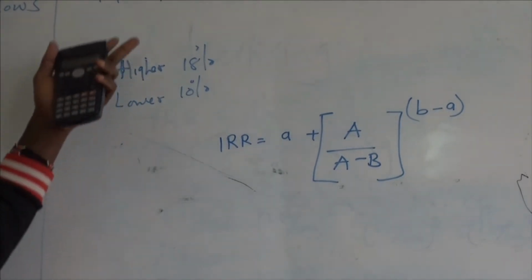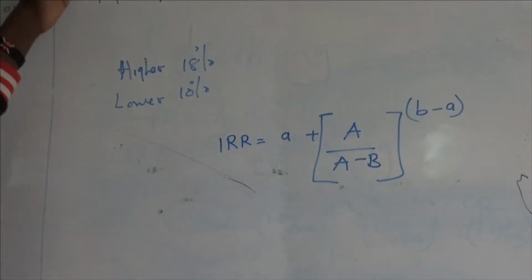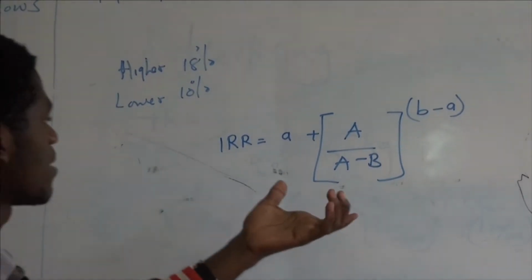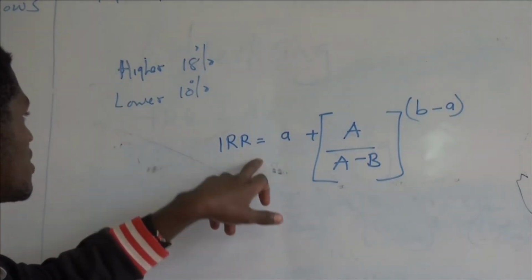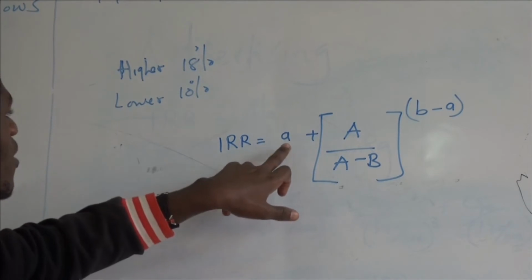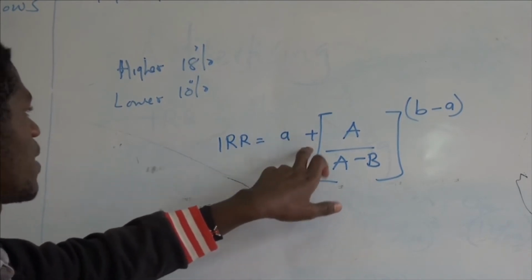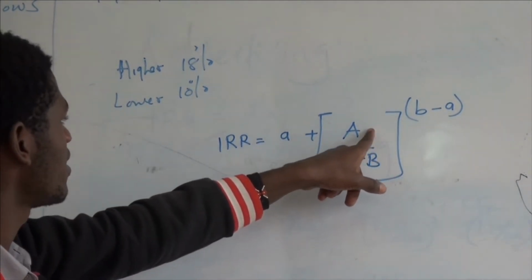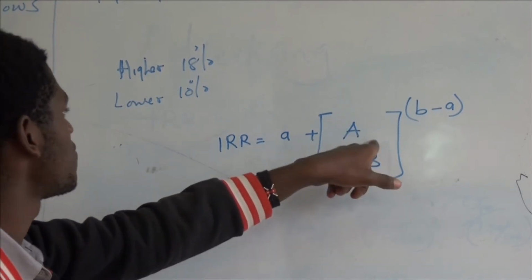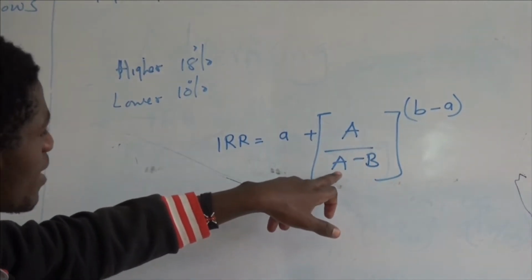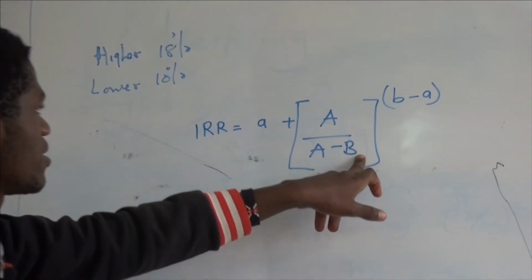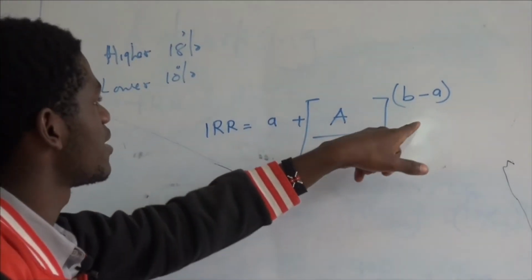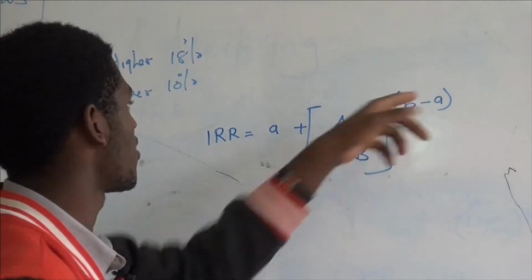So once we have calculated the two net present values, we'll substitute in the formula. I said internal rate of return is equal to A, which stands for lower rate, plus capital A, which stands for the net present value of lower rate, divided by net present value of lower rate minus net present value of higher rate, times the difference between higher rate and lower rate.